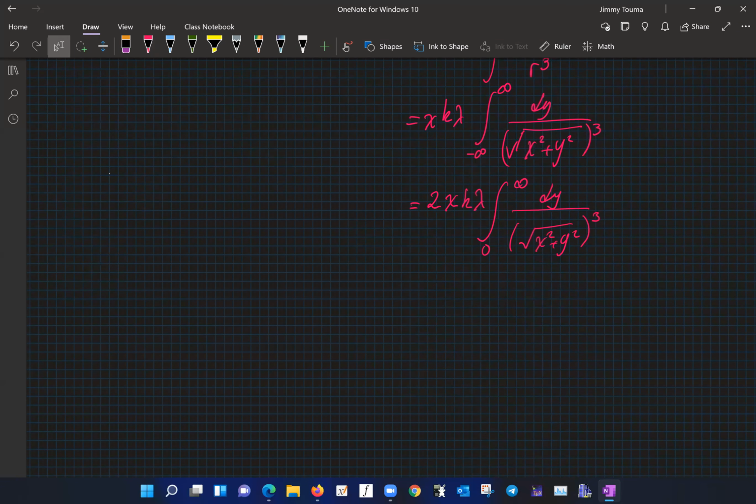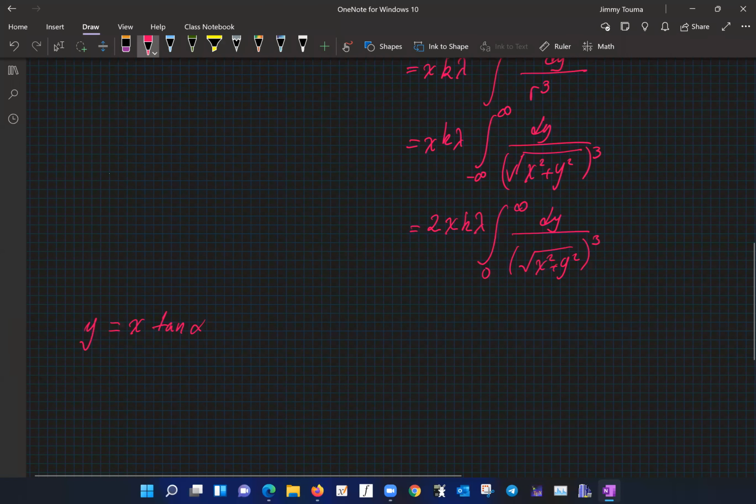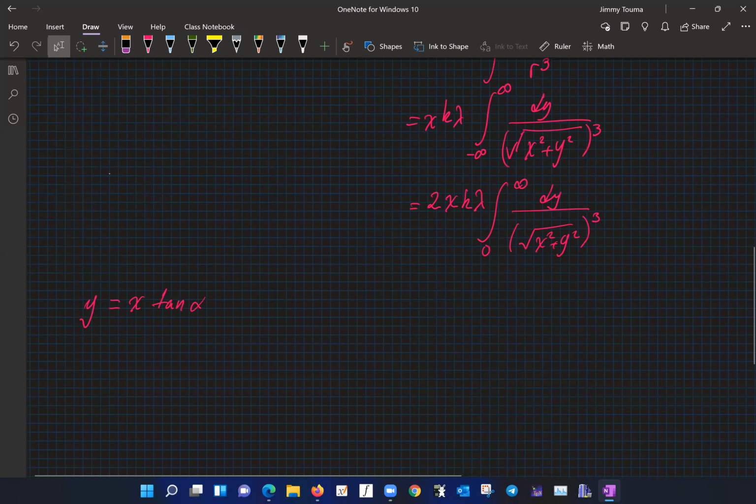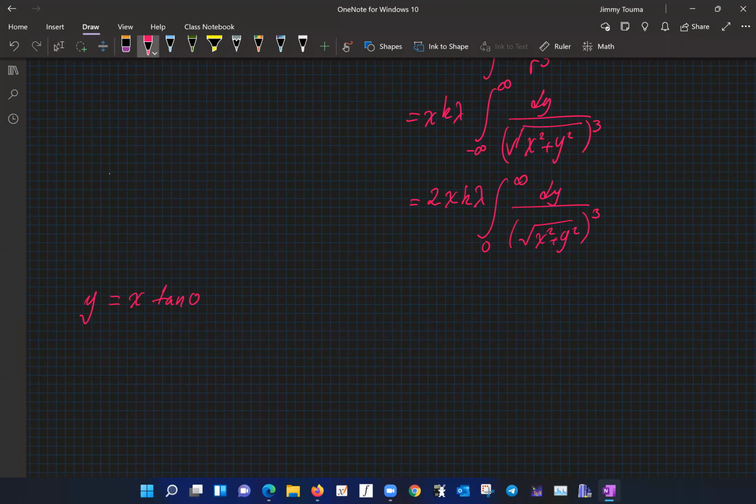Yeah. So what if we take y to be x tangent of some angle, doesn't really matter, alpha. Okay, x tangent alpha. Let me see, tangent to be y over x. Yeah, it will be theta. We can leave it as theta right there.